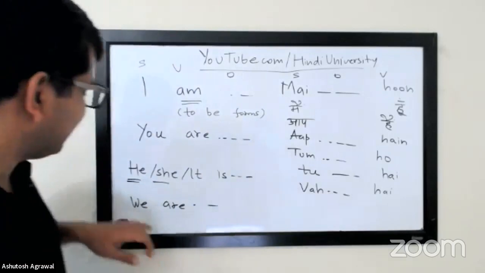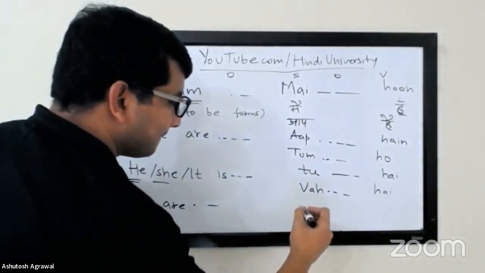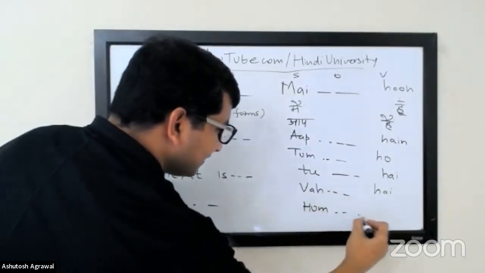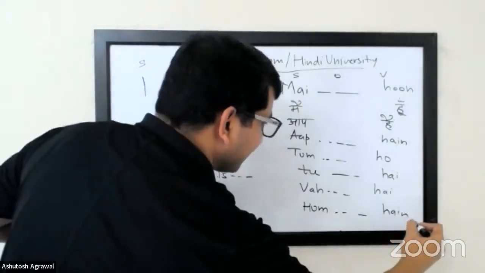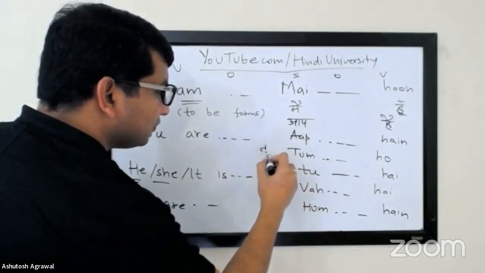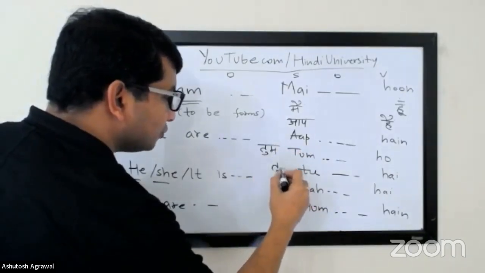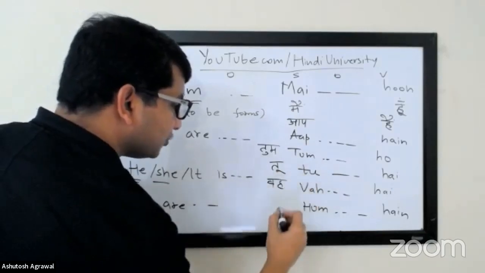Sheila ji, we are? Hum hain. We is hum, and then hain. Very good. Hum hain. So just remember: aap, tum, tu, vah, and hum.